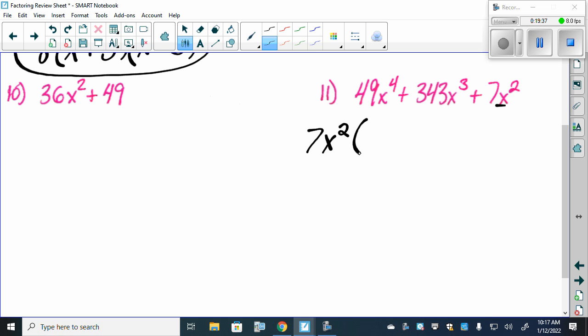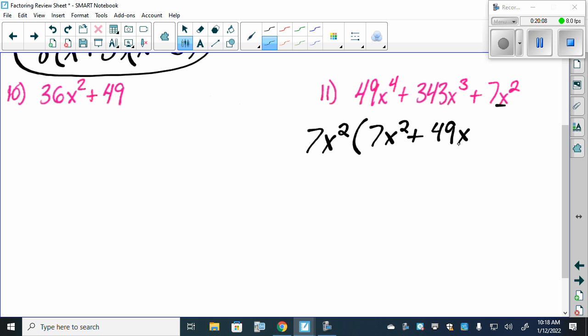If we factor 7x squared out of 49x to the fourth, 49 divided by 7 would be 7, and x to the fourth divided by x squared would be x squared, because we take 2 away. Plus, 343 divided by 7 is 49, and we have x cubed and we take 2 away, which just leaves us with x.